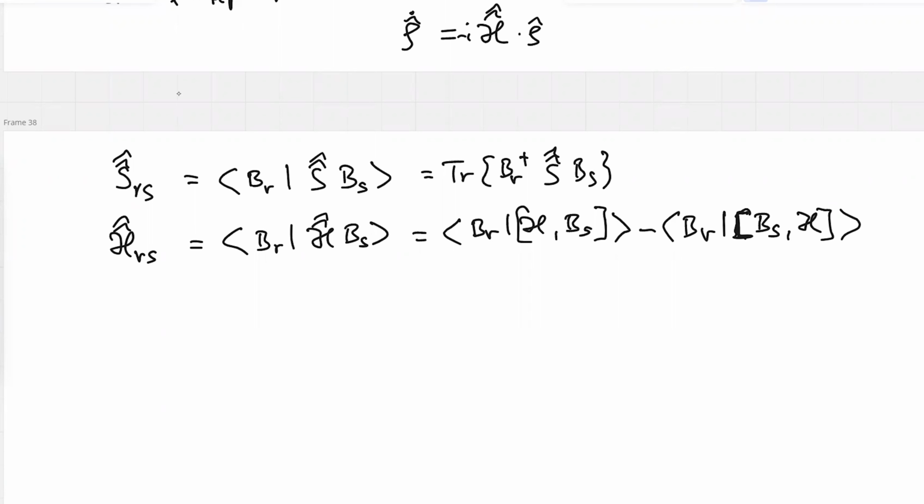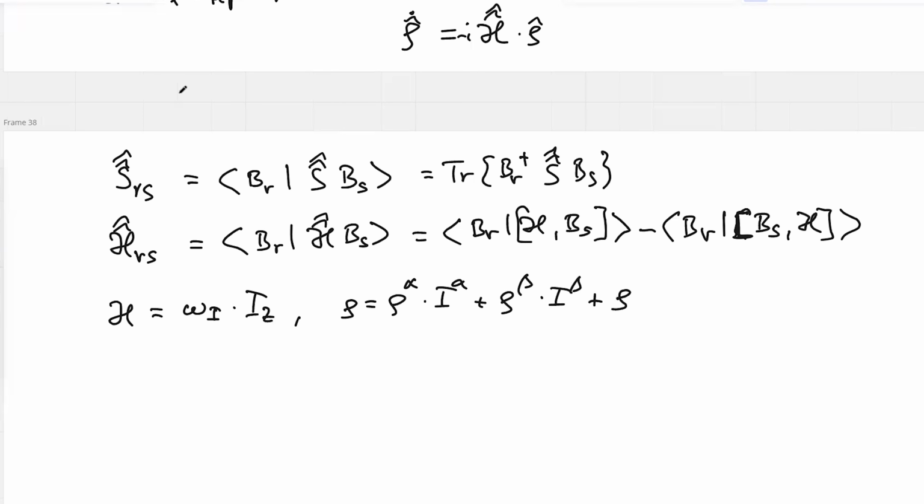So what does this mean? Let's construct an example. Our Hamiltonian is simply omega_I times I_z, or omega_0 as I used before, it doesn't matter. And now I write any density operator rho just in coefficients of its base operators. So I write rho equals rho alpha times I alpha plus rho beta times I beta plus rho plus times I plus plus rho minus times I minus.